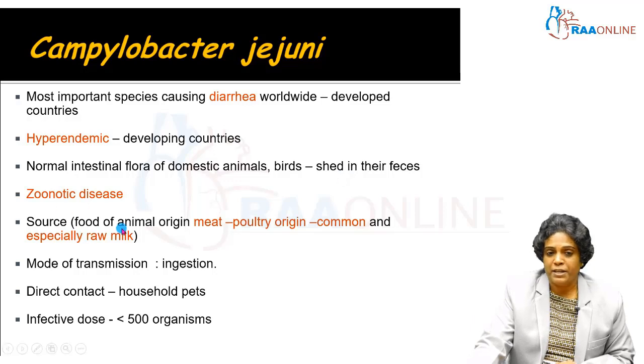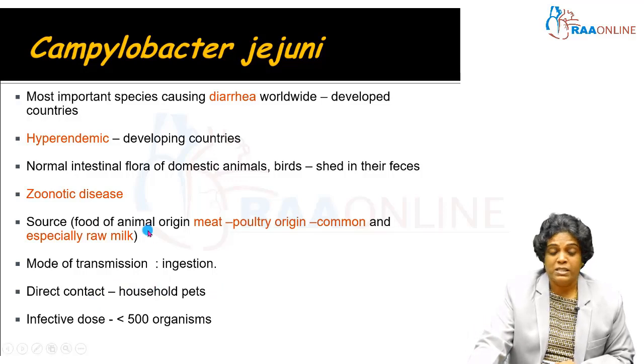The source of infection is of animal origin, especially meat or poultry products, and also contaminated raw milk. The mode of transmission is by ingestion, and household pets, especially dogs and cats, can also transmit the infection by direct contact.